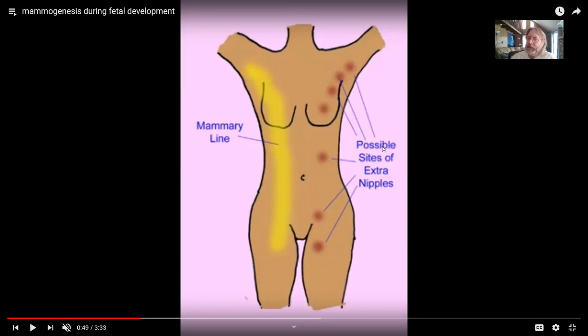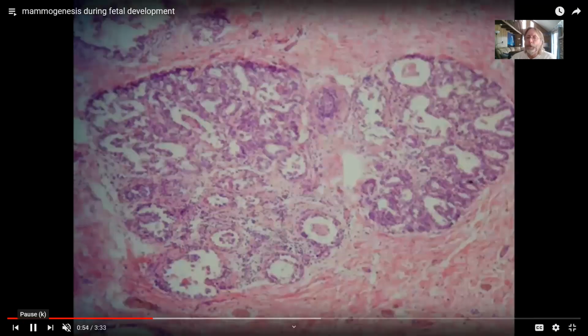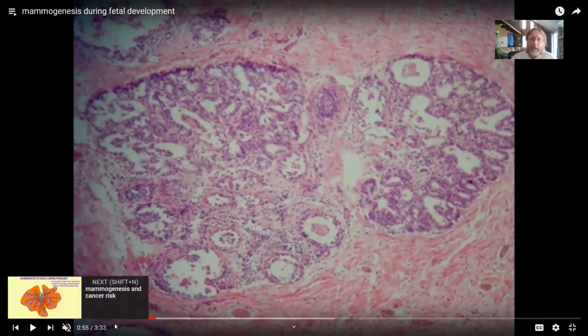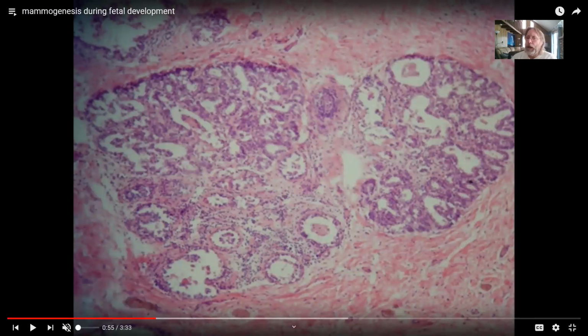But then species may narrow this down. So obviously cows produce mammary tissue only in the abdominal area. There are species where the mammary glands are more under the armpit. There are species which produce multiple mammary glands, for example, dogs along this ridge.